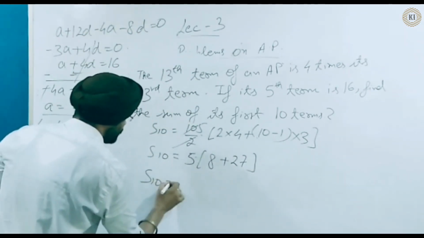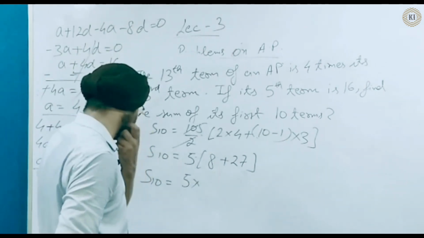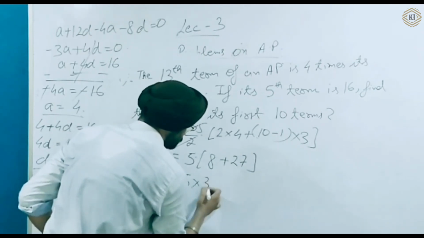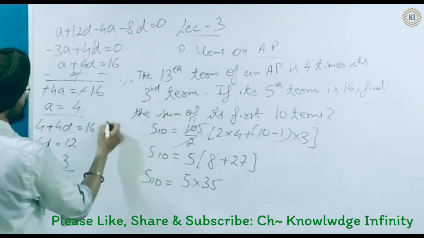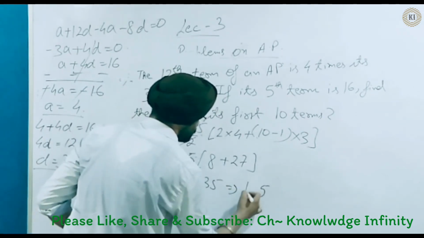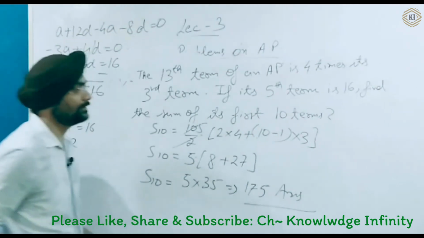So S of 10, 5 into 27 plus 8, it will be your 35. And 35 into 5 multiply, that is 175, and that will be your answer.